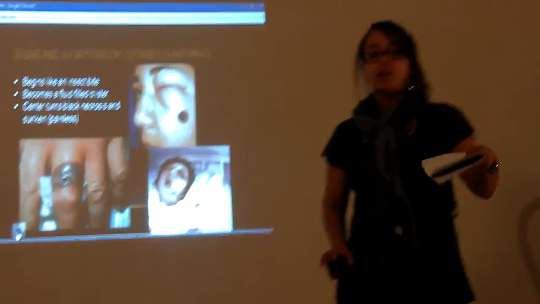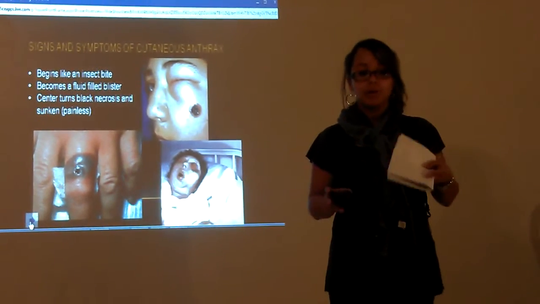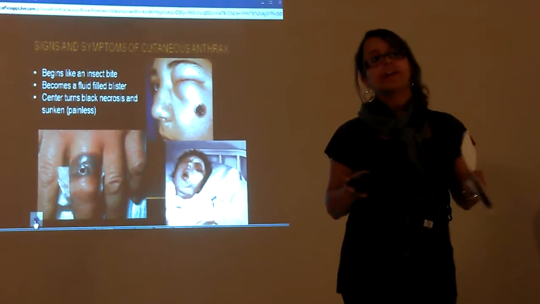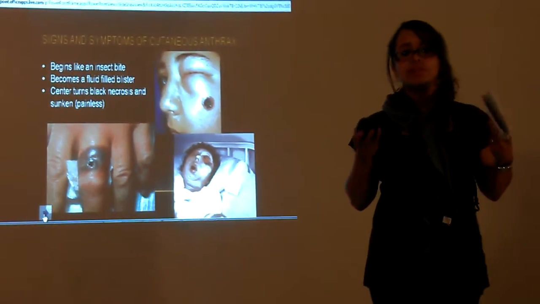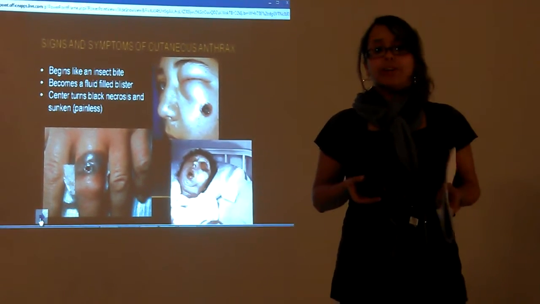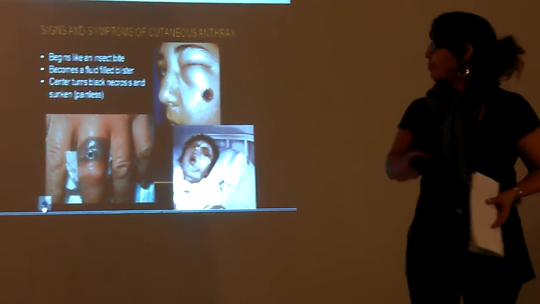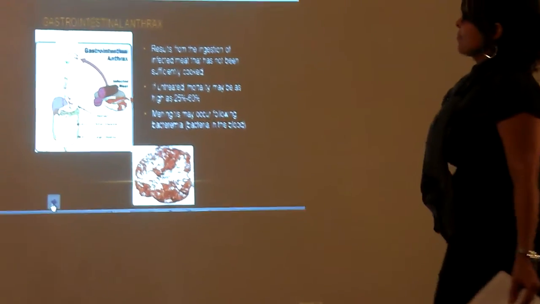The blisters then develop a small, black, sunken hole that is necrotic. It kills those nerve endings, and those patients don't feel any pain in those lesions. You would think that it does hurt, but it doesn't.